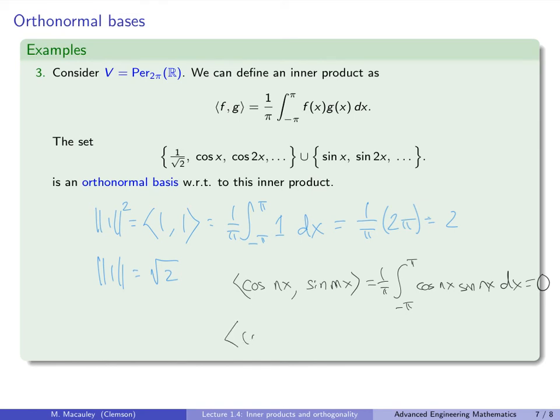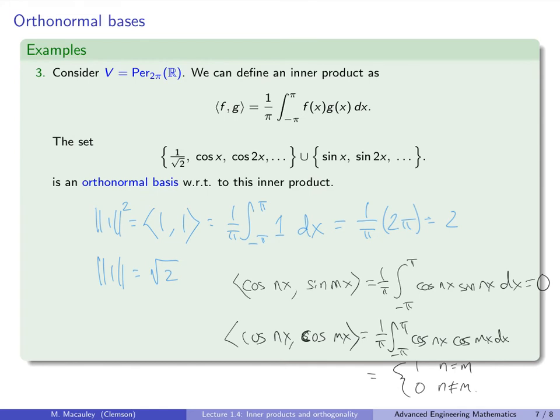And similarly, if you do cosine of nx and cosine of mx, you'll get a similar integral from negative pi to pi of cosine of nx cosine of mx dx. Now here you have to be careful because you're going to get 1 if n and m are equal, and 0 if n and m are different.